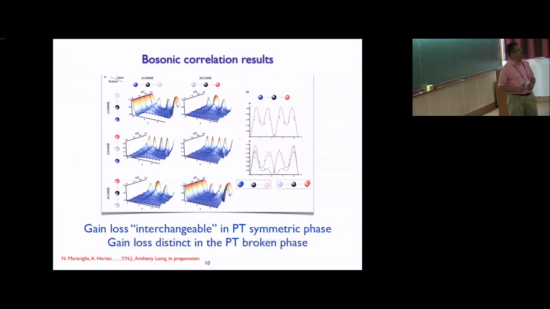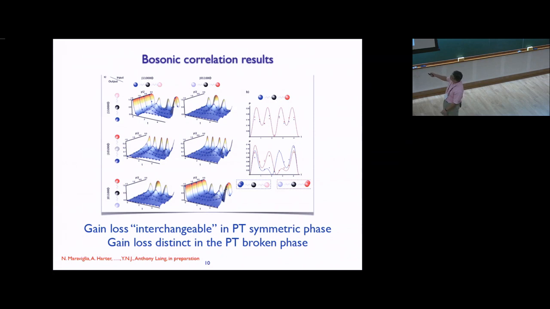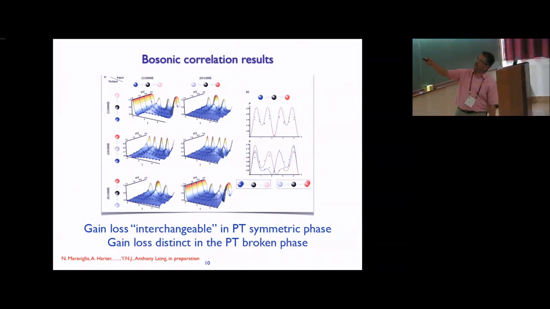You cannot distinguish between them because the communication between those 2 things is very high. On the other hand, in the PT broken phase, you can very clearly tell which is the gain side and which is the loss side. And that is manifest here in results being different in this region where gamma over j, or the non-hermiticity, is very high. That's this curve, for example, versus this curve.